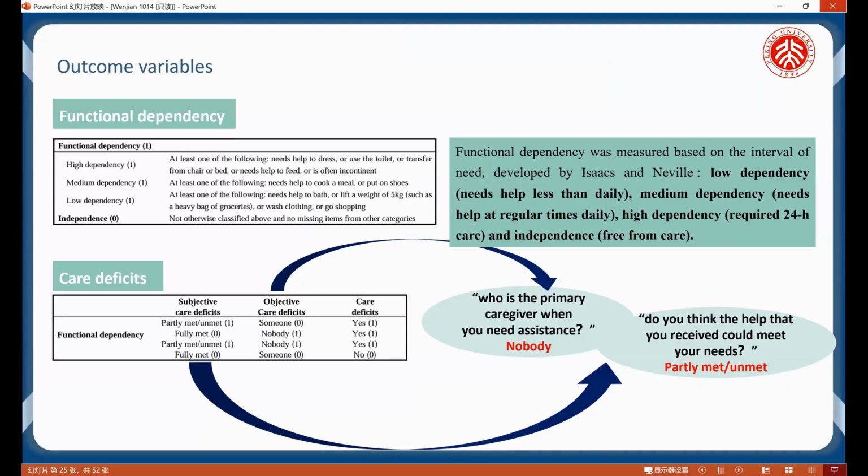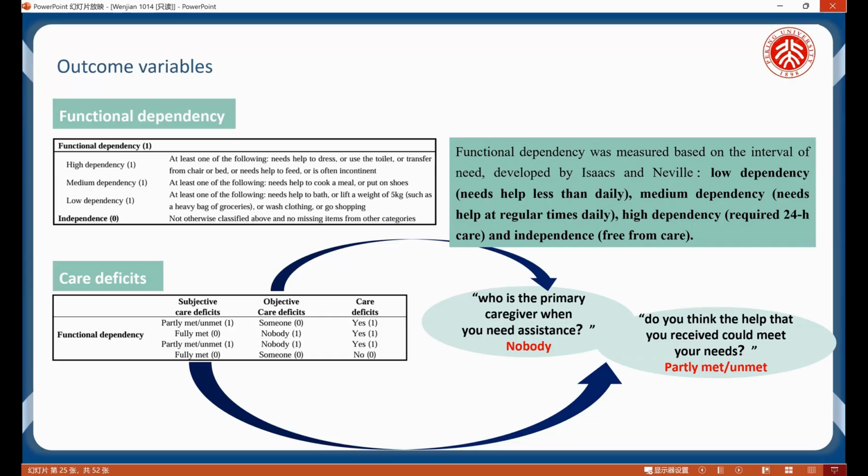High dependency requires 24 hours care, and independence means free from care. Care deficiency is measured by subjective care deficiency and objective care deficiency.